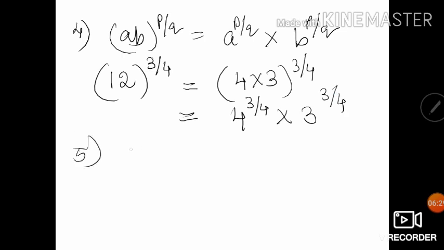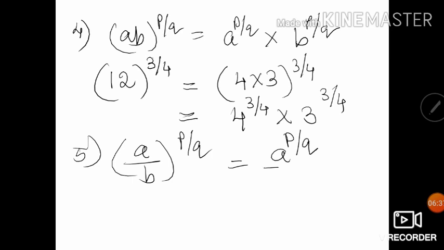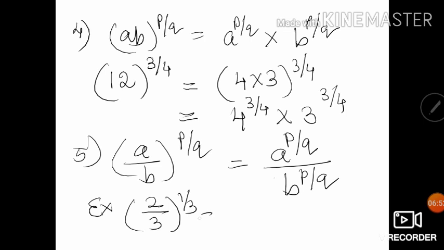The fifth law will be a upon b to the power p upon q can be written as a to the power p on q divided by b to the power p on q. Example, 2 on 3 to the power 1 on 3 can be written as 2 to the power 1 on 3 divided by 3 to the power 1 on 3.